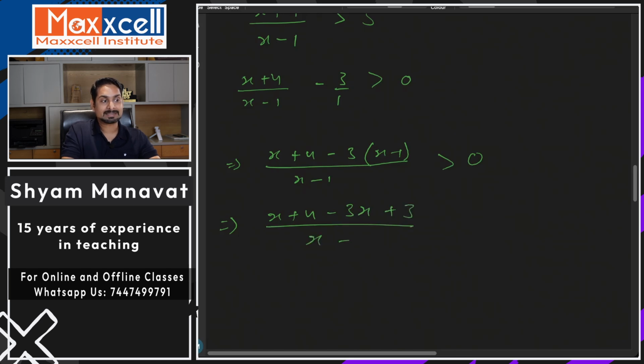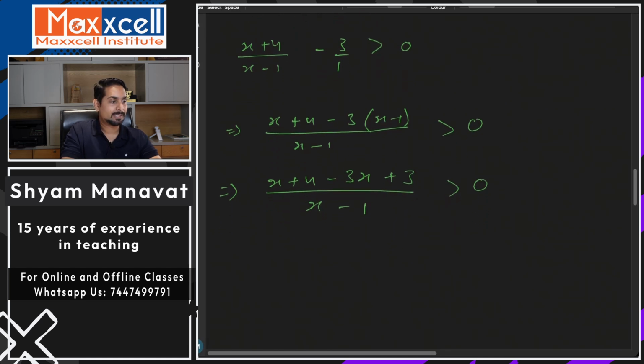If you can skip any steps in this, please do that. Save time. I have to write all the steps because I am explaining this to you. Otherwise, you should do it in as minimum steps as possible. x minus 3x will be minus 2x here, and 4 plus 3 will be plus 7 here, greater than 0.